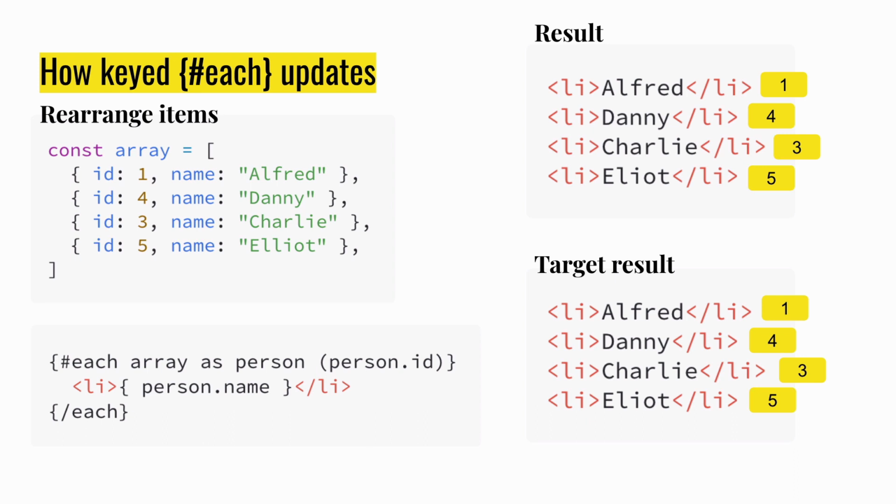So key each update also will help us rearrange items, right? You see that we took the element Charlie out and inserted it after Danny, right? This is what will happen conceptually, but in terms of what actually happens under the hood, whether we remove Charlie and insert after Danny, or maybe the other way around where we actually remove Danny and insert before Charlie, that is implementation detail.